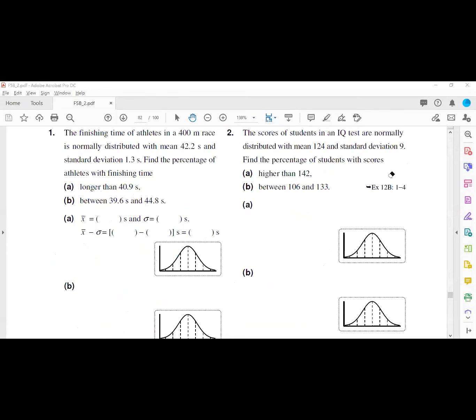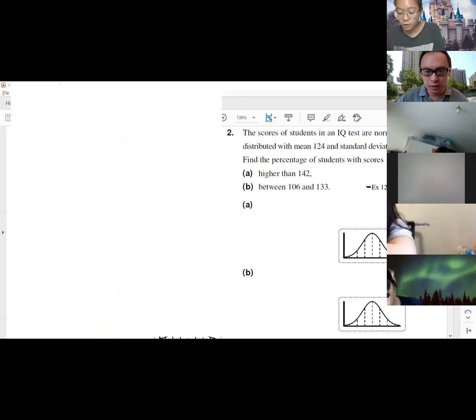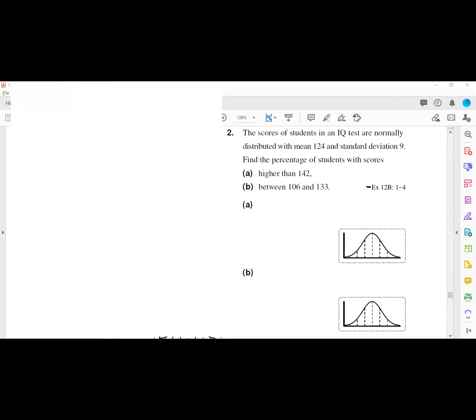Number 2. Let's do a few more questions together, these are more complex. Honestly, if you understand how to do these, you should hope they set this type in the exam, because the simple ones are easy once you understand. Okay, Number 2, so the scores of students in an IQ test are normally distributed with mean 124 and standard deviation 9. Okay, so it is given that x bar is equal to 124 because it's the mean.